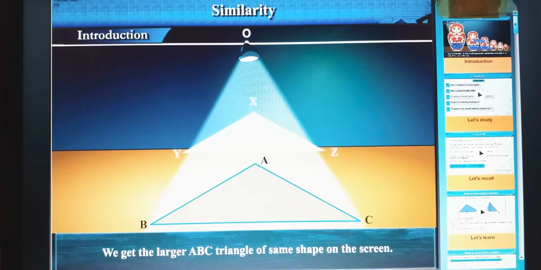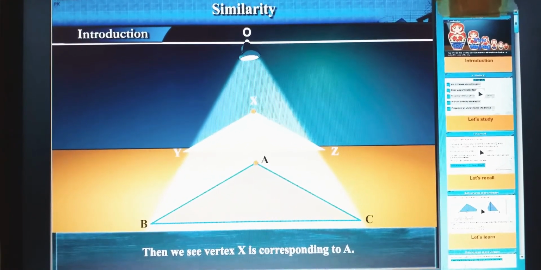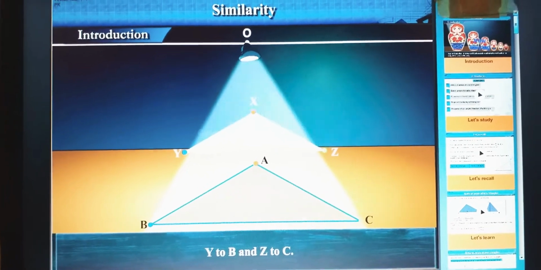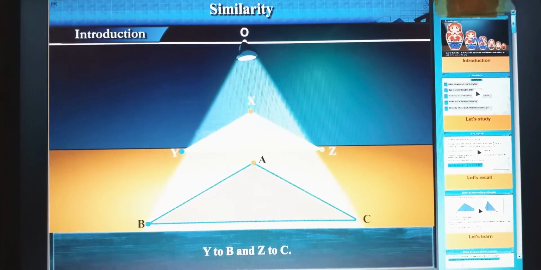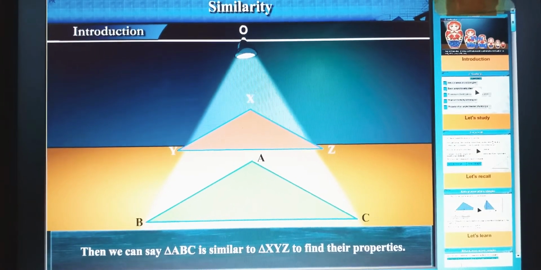We get the larger triangle ABC of the same shape on the screen. Then we see vertex X corresponds to A, Y to B and Z to C. So we can say triangle ABC is similar to triangle XYZ.